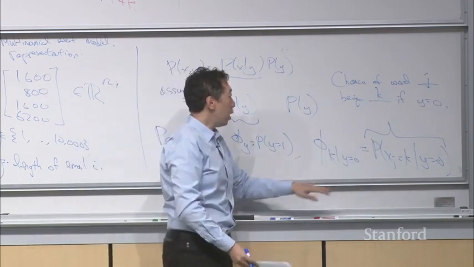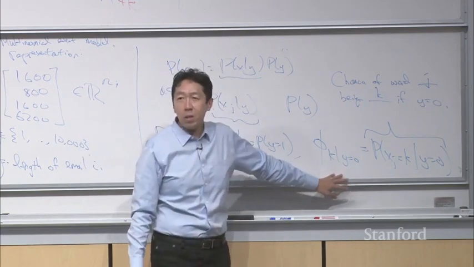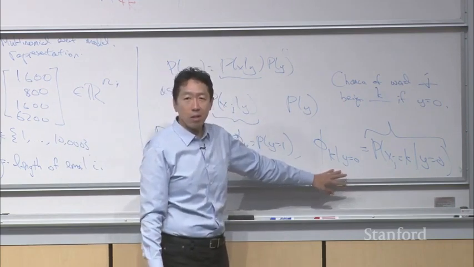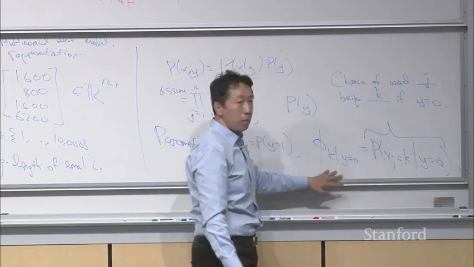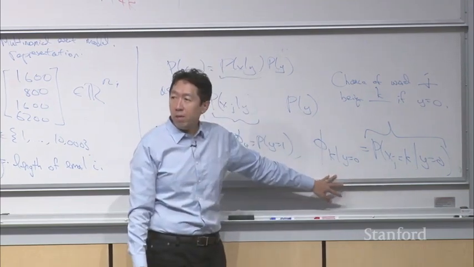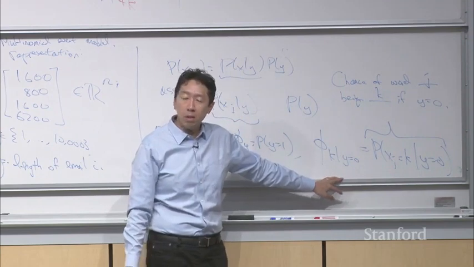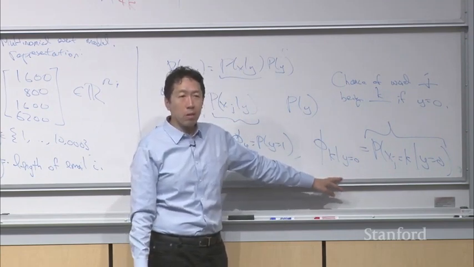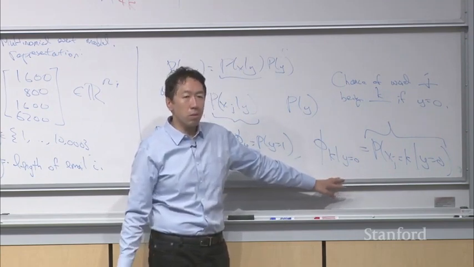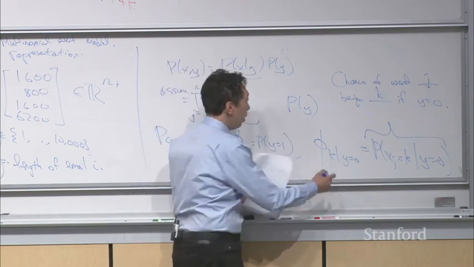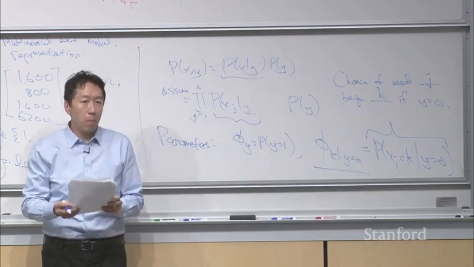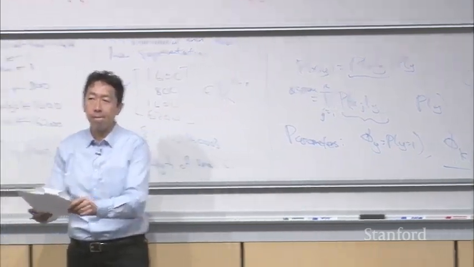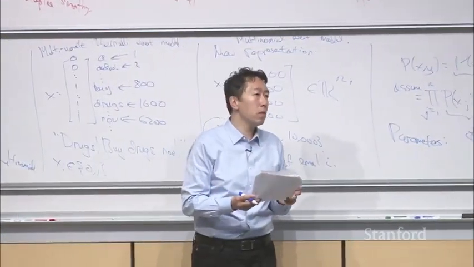And one part of what we implicitly assume, maybe why this is tricky, is that we assume that this probability doesn't depend on j, right? For every position in the email, the chance of the first word being drugs is the same as the chance of the second word being drugs, the same as the third word being drugs, which is why j doesn't actually appear on the left-hand side, right? Make sense? Any questions about this?